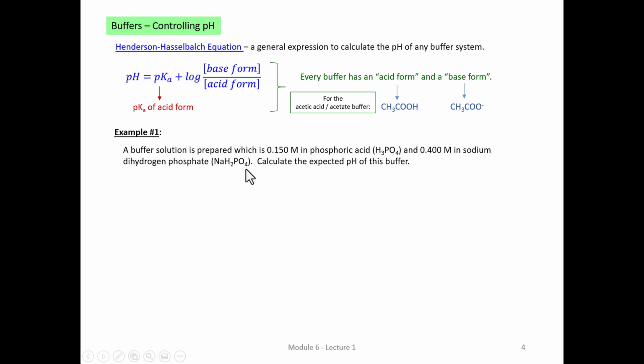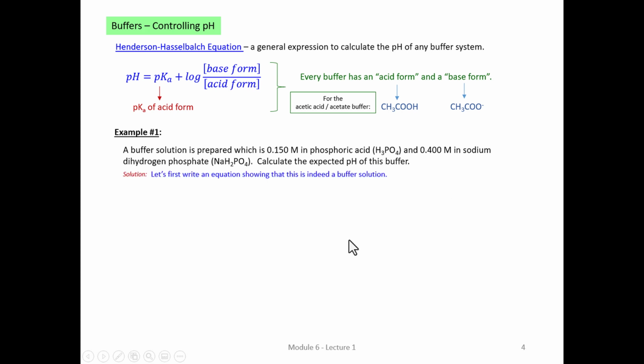Calculate the expected pH of this buffer. Well, I think right away you could determine that probably the acid form is H3PO4, and the base form will turn out to be H2PO4 with a minus charge. That would be the anion that comes out of this ionic compound.